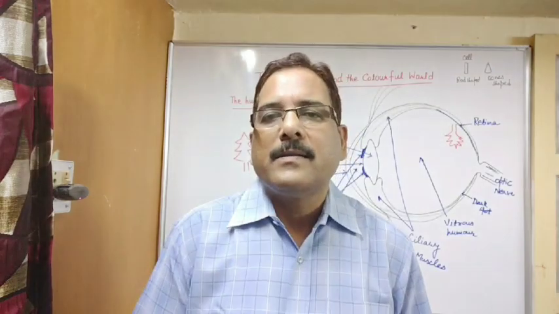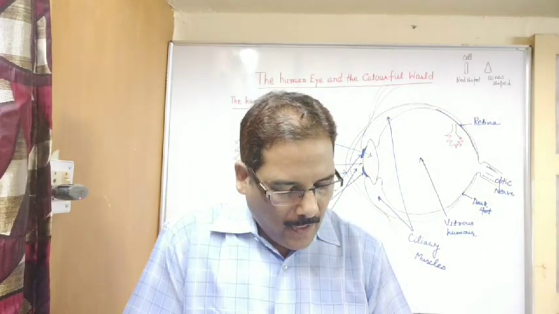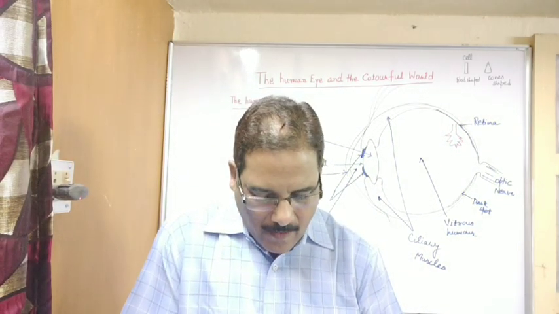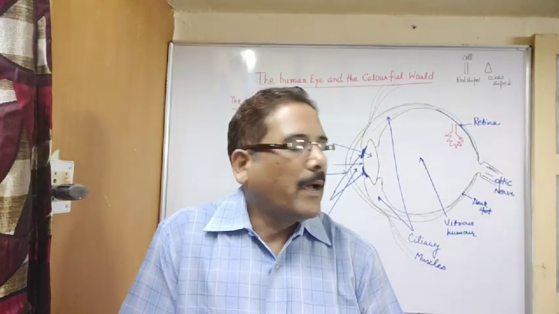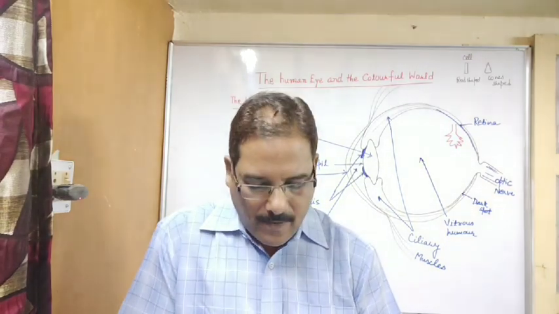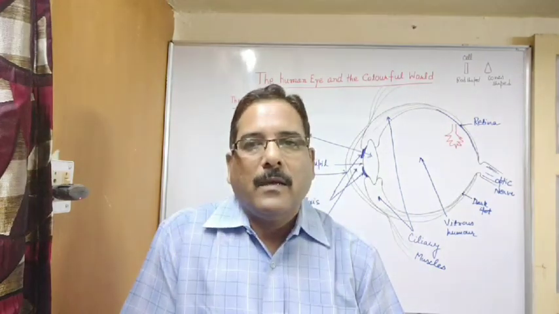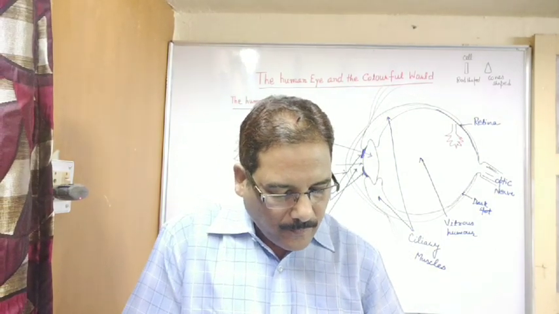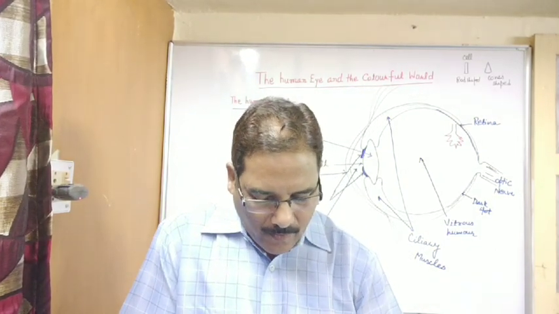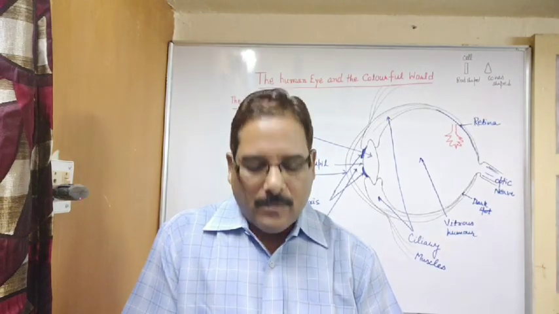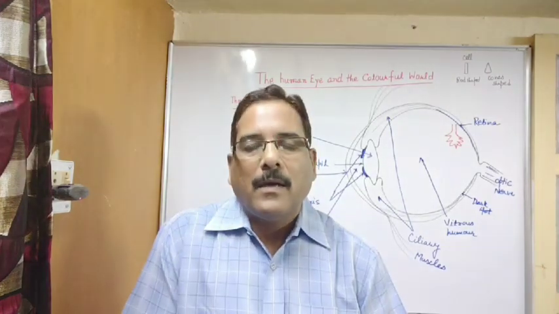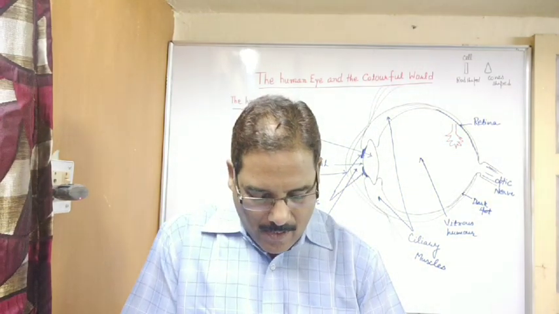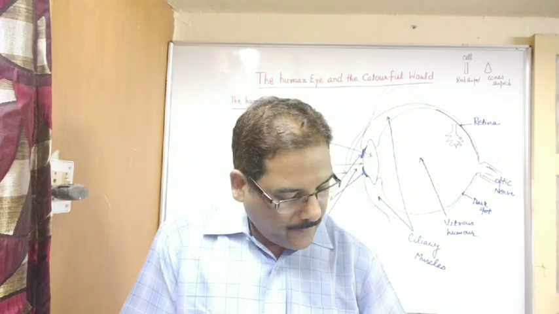So I think a dictation is not needed for it. You can write about the important parts of the human eye, as I have explained, and how it works, how we are able to see the objects. Go through the book once, read it carefully 2-3 times, and then you are able to write about it.